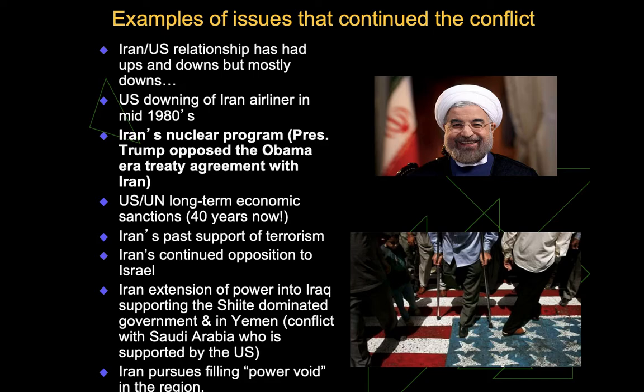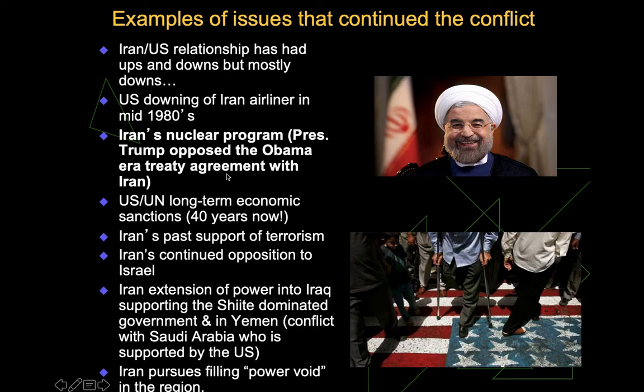President Obama was able to negotiate a treaty with the Iranians to try to diminish some of the concerns about weapons development that we believe were there, in return for offering an ending to long-term sanctions that the U.S. had on Iran, which, if you look here, these economic sanctions have been going on for 40 plus years now, not allowing Iran to have open trade with the outside world to prevent them from having political and economic power.